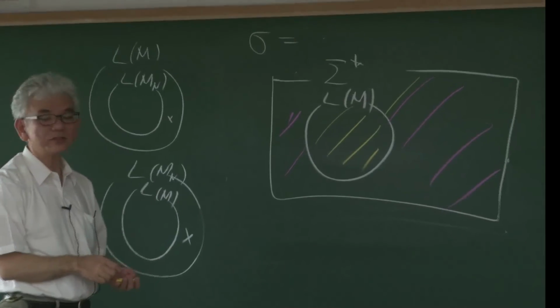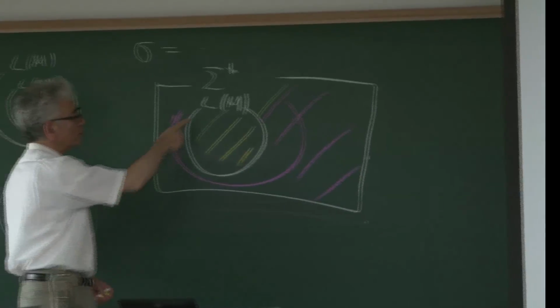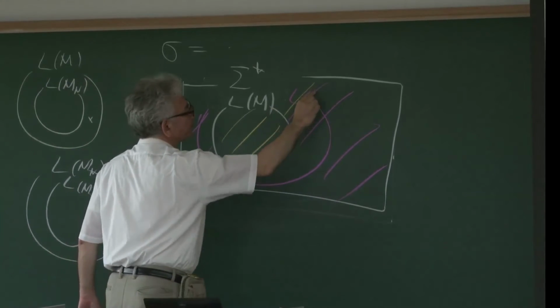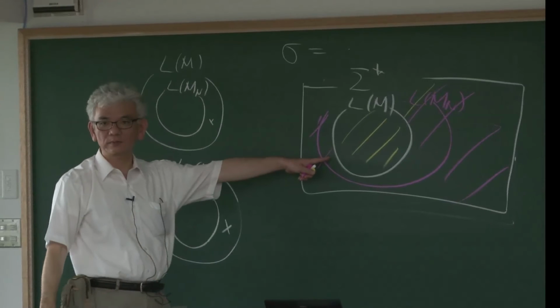So overgeneralization means that the conjecture of the output is much larger than the unknown automaton.